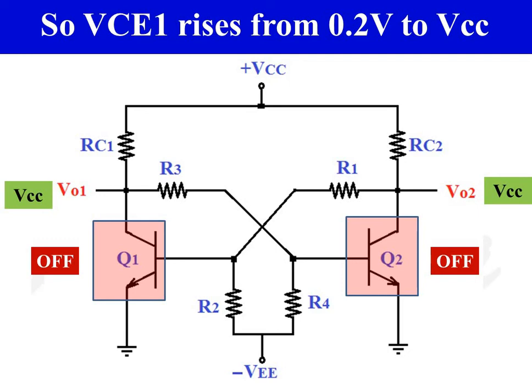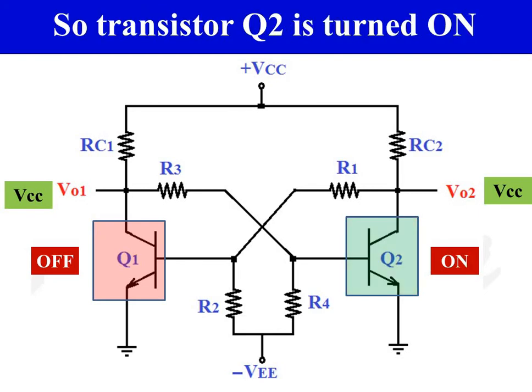As the collector voltage of transistor Q1 is plus VCC, the base potential of transistor Q2 becomes 0.7 volt, or we can say that the base emitter junction of transistor Q2 is forward biased, so transistor Q2 is turned on.